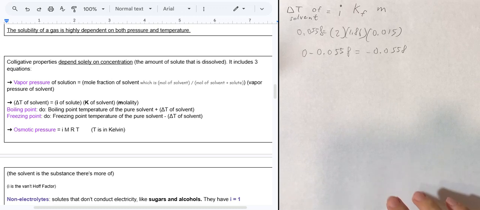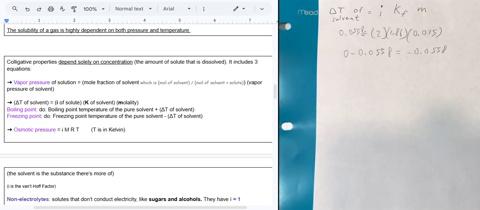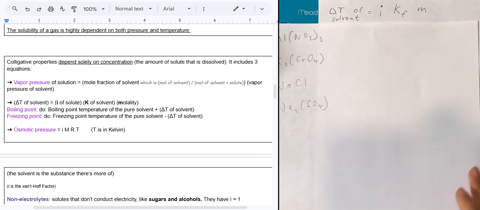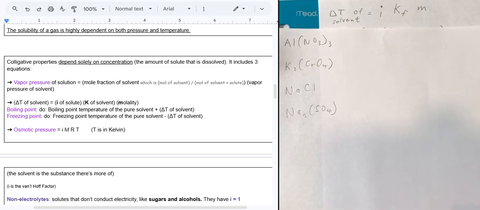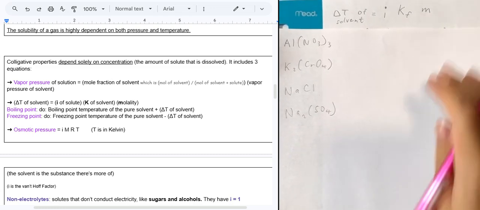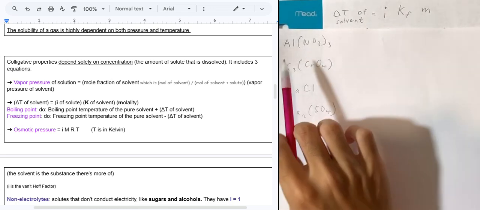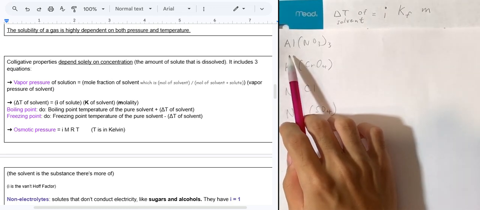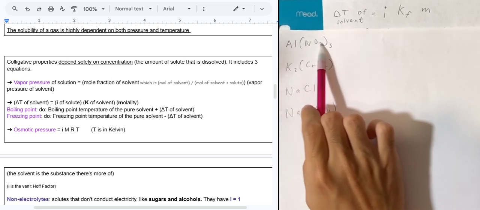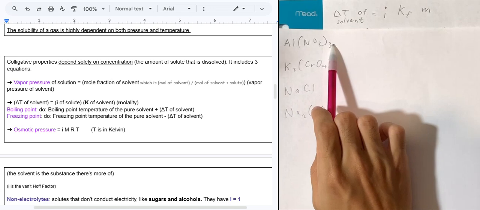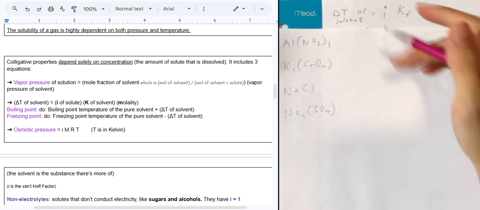Okay, I wrote it over here. So the i for this would be 1, 2, 3, 4, because there's 3 of these. So the i of this is 4.